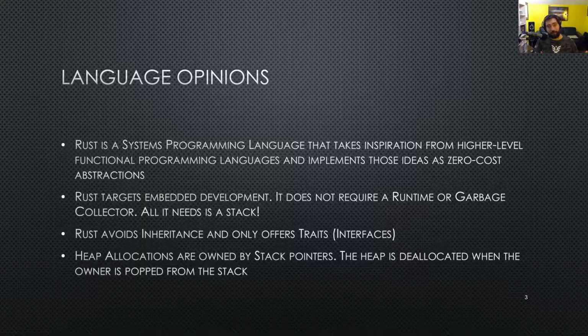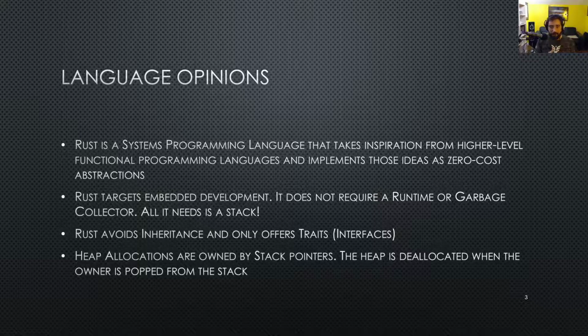As a systems programming language, Rust targets many things, and that includes embedded development. Working in embedded development on resource-constrained IoT-style devices such as microcontrollers, Raspberry Pis, things like that, requires you to sacrifice a lot of the runtime, because you might be running on a device that has very, very little memory, and it may not be able to support things like garbage collection, or may not be able to support it efficiently, right?